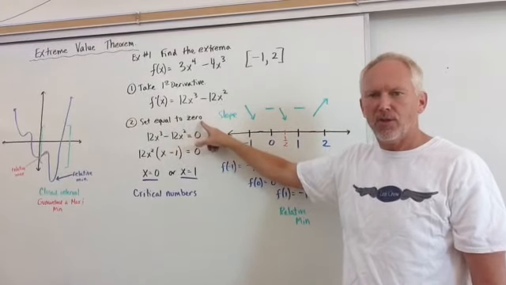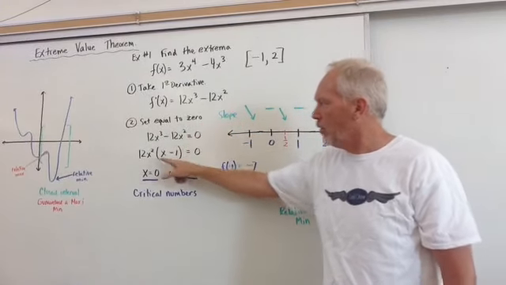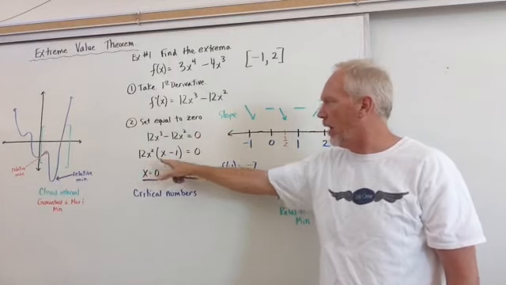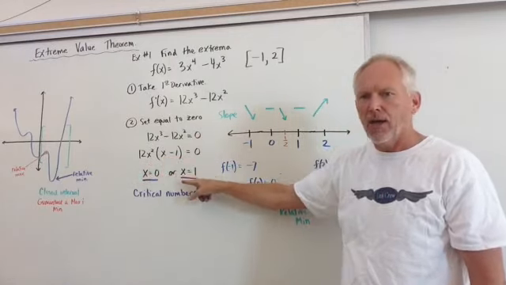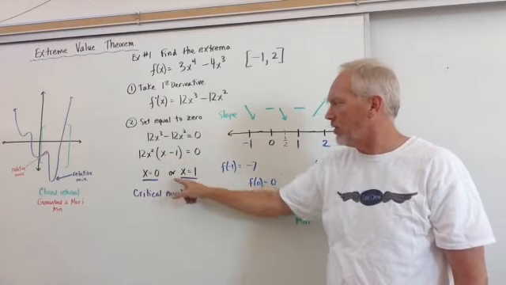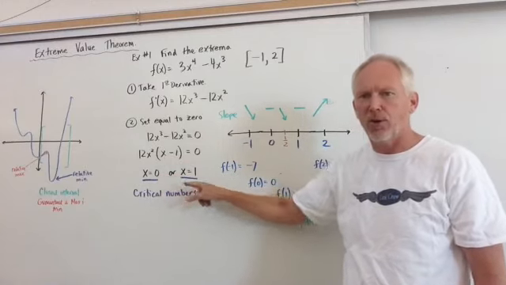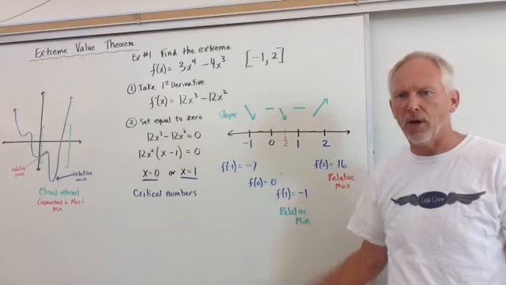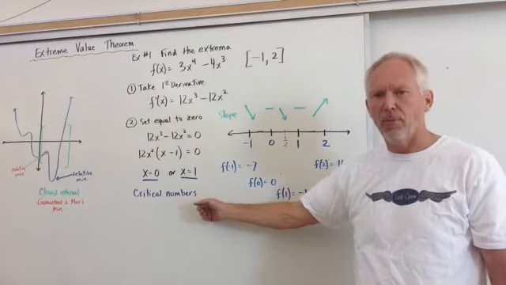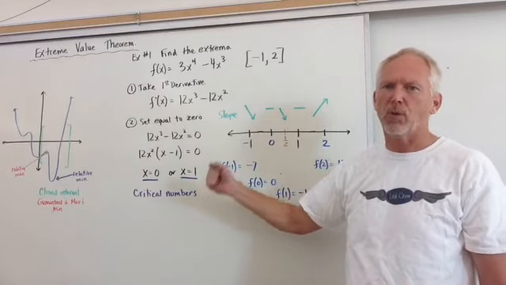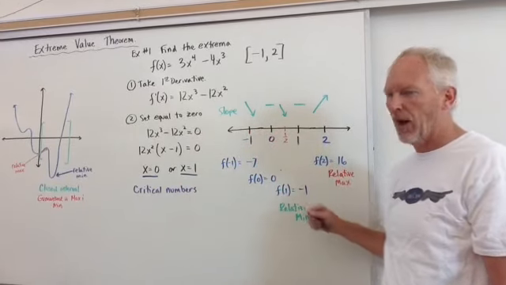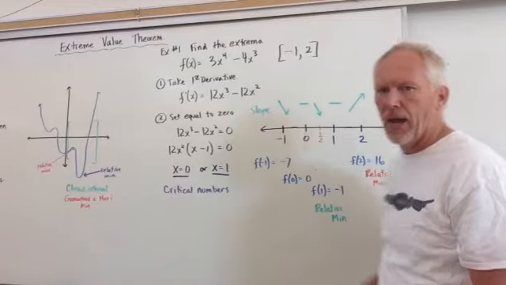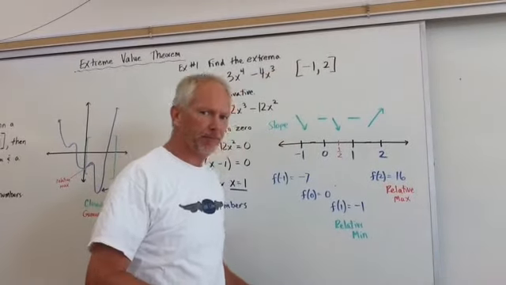We set that equal to 0, and we factor out a 12x squared, and we get times x minus 1. Therefore if we set each of those to 0, we get x is equal to 0 or x is equal to 1. Those are our critical numbers. If we want the critical points, we have to plug those values back into the function and get those y values. So let's see what happens when we do that.